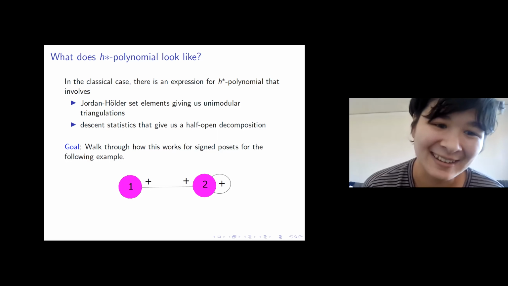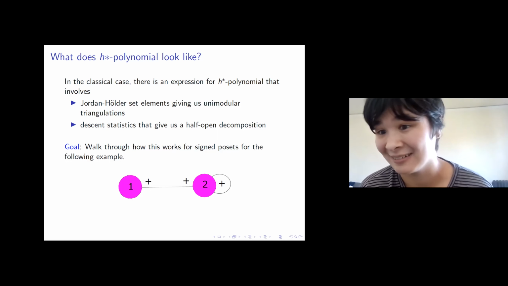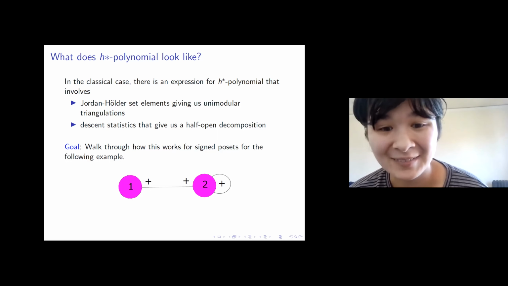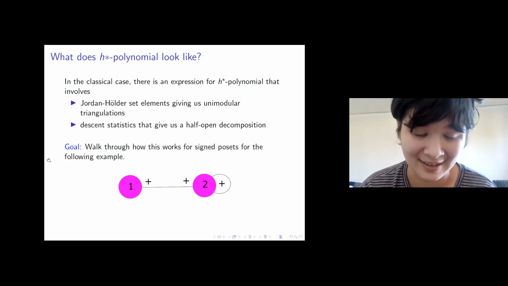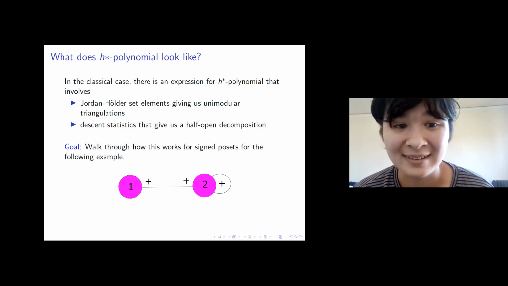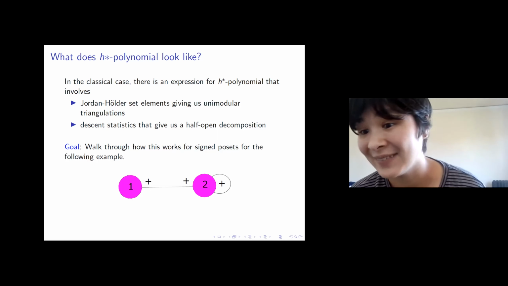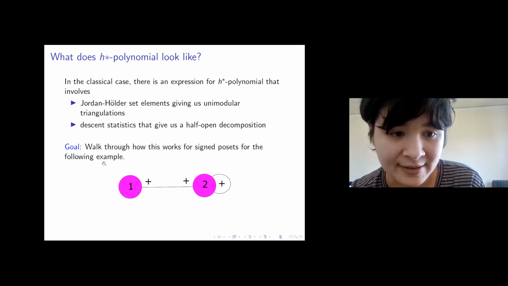I have shown that this works for the signed order polytope as well, except instead of using the descent statistics of the regular symmetric group, we're going to use the descent statistics of the type B symmetric group.